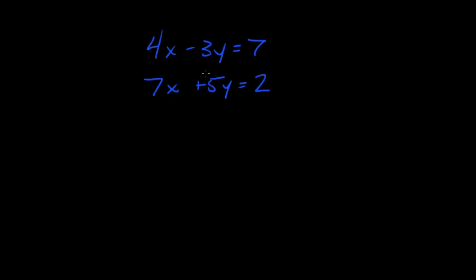I just need to find a number that 3 and 5 have in common, because I need a coefficient that will cancel out as well. And 15 is a multiple that 3 and 5 have in common. So I'm going to multiply the top equation by 5. I'm going to multiply the bottom equation by 3.